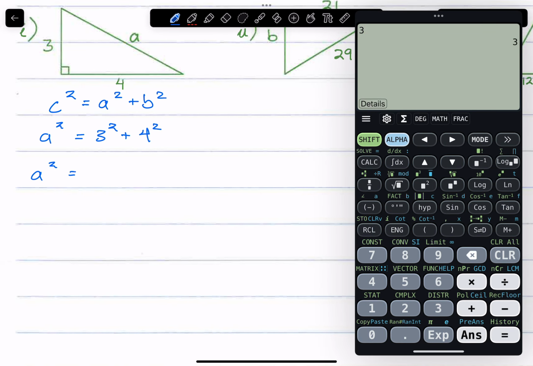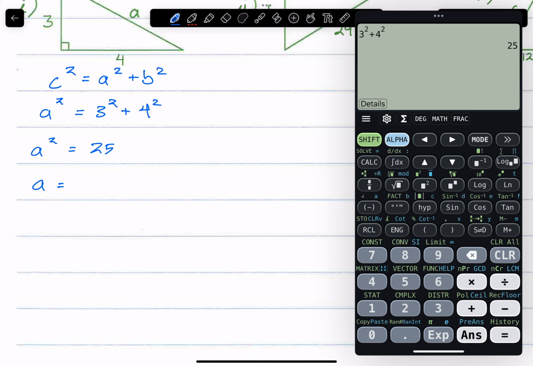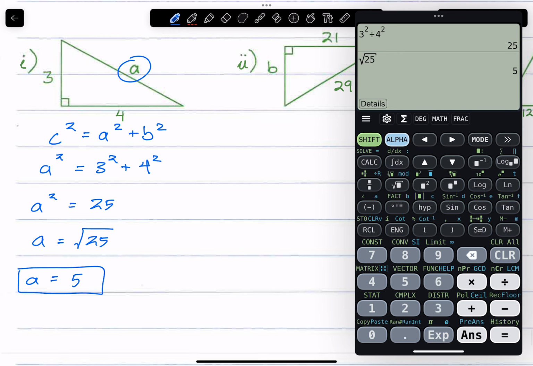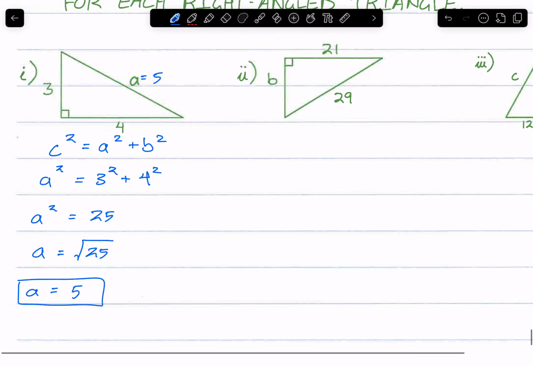When we type this into our calculator, we get 25. And then from this point, we take the square root of both sides. Square root of 25 gives us 5. So the value of a here is 5 centimeters or kilometers or whatever it might be in the problem.